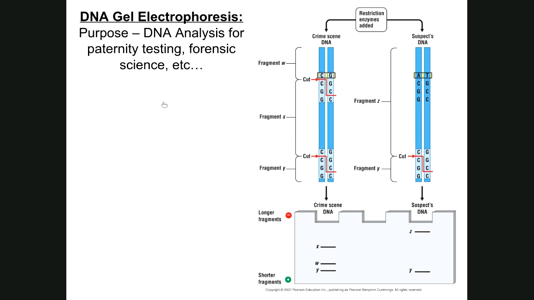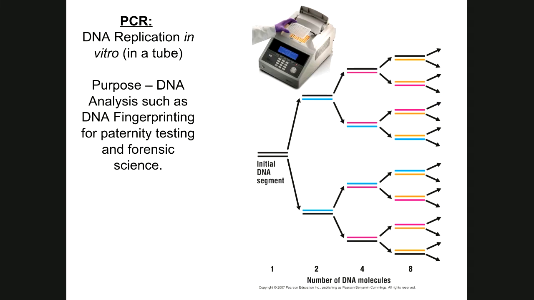Now, PCR. Everybody, this technique called PCR was a very powerful invention, a very powerful tool. When the idea and then the actual application of this idea occurred, it revolutionized biotechnology.